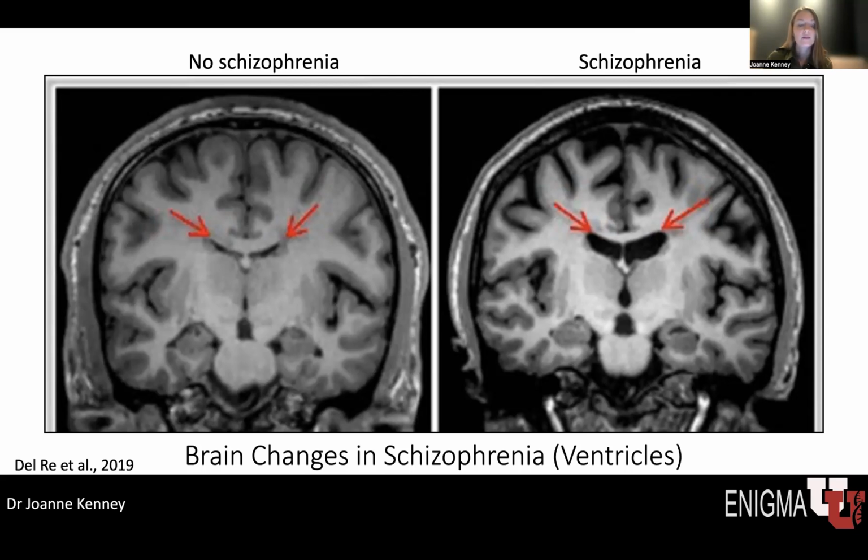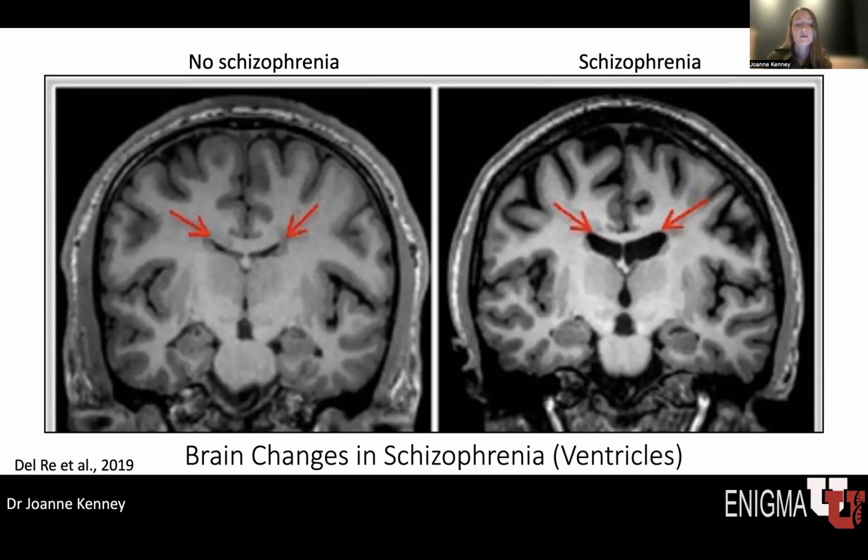But the mechanisms that lead to ventricular enlargement are mostly unknown. This finding of enlarged ventricles is one of the most reproducible findings in schizophrenia. One thing to note is that these findings are based on group averages, and historically the sample sizes haven't been too large.